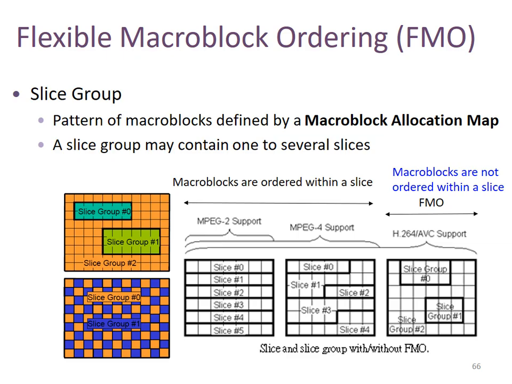Maybe this position is already 13, 14 or something. But 13 is within slice group 0, and 0 is within slice group 2. This is what we call flexible macroblock ordering. We don't have to follow the very strict ordering 0, 1, 2, and 9, 10, 11 in slice 1.